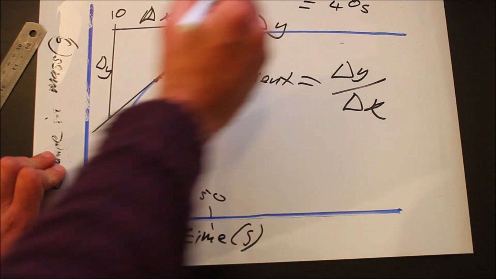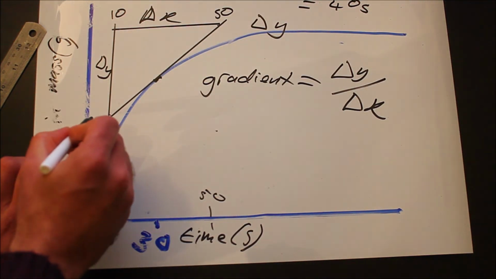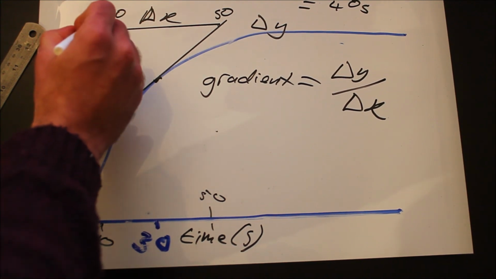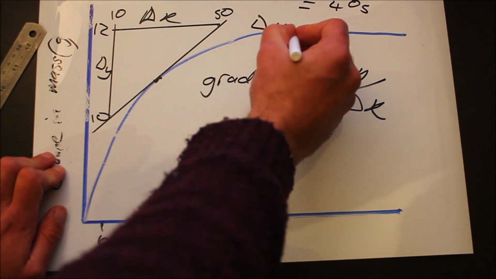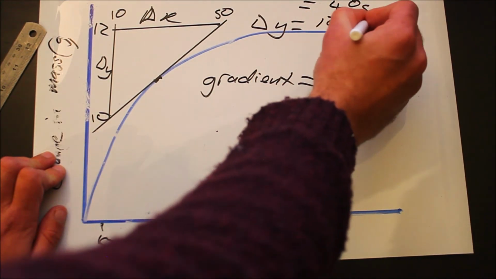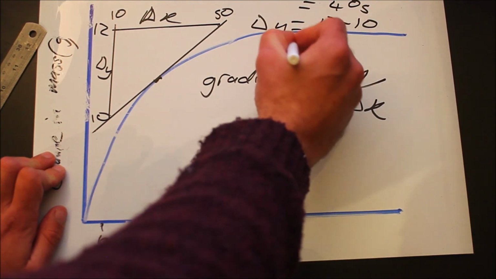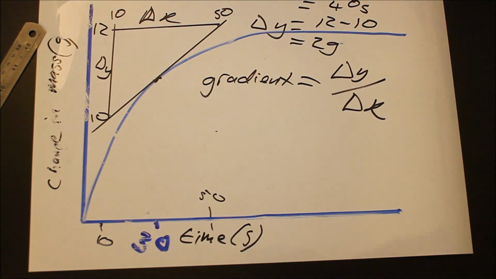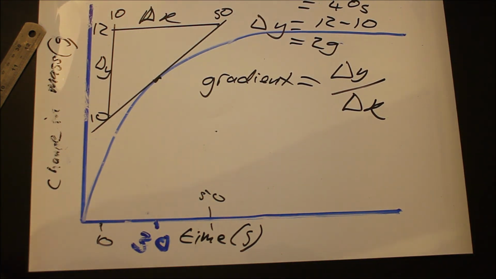Our change in y. So say here we've got 10. And here we've got 12. Our change in y is 12, take away 10, which equals 2 grams. And then it's exactly the same formula as before.